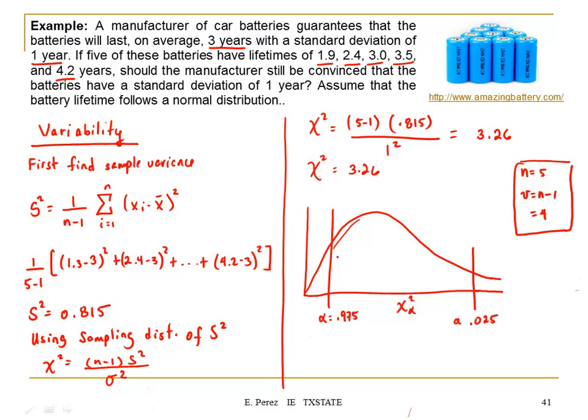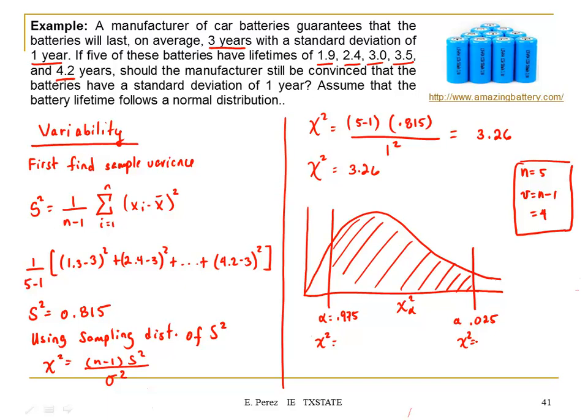So what we're saying is, if this is 95% of the probability, if our chi-square is within the chi-square for 0.975 and 0.025, then if this 3.26 is within those bounds, we can say that our statement is valid. So let's find the chi-square for alpha 0.975. What will be that chi-square? And also what will be this chi-square?